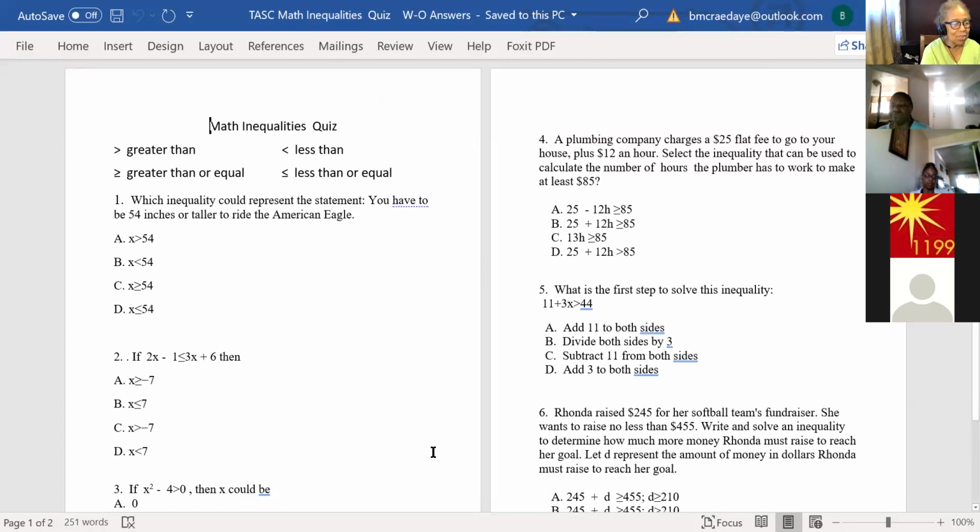Text me the answers or email me the answers, and you can go ahead and use the minutes we have left to work on it. If there's anything you don't understand when you go through it, please ask questions. It's only six questions. Okay.